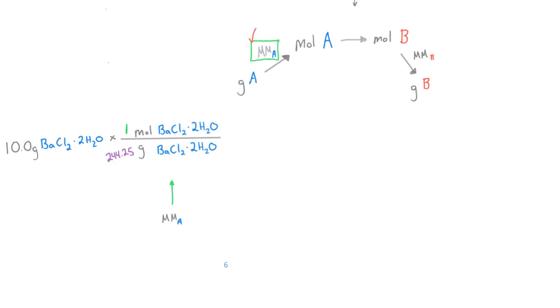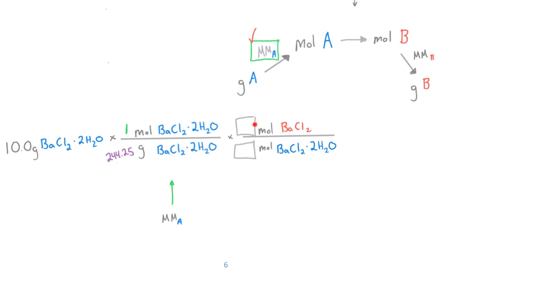Well, if we look at this diagram, we go from grams of A to moles of A, and then we have to cross the mole bridge. So we have to go from moles of this starting material into moles of this product, so moles of B. So let's set up our next conversion factor, taking that into account. So our mole bridge should look like this.